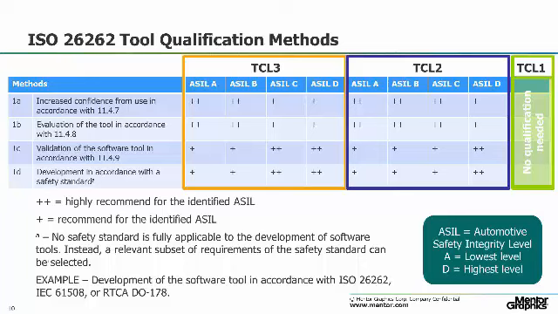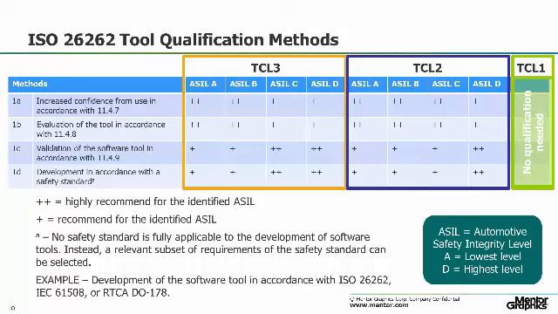Having got a confidence level, again, jumping back to the standard, if you are TCL1, then you don't need to worry about this, but if you are TCL2 or 3, the standard then says, okay, what do you do to qualify that software? What can you do?